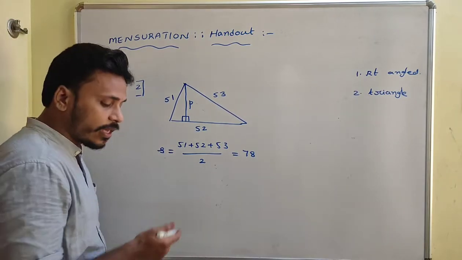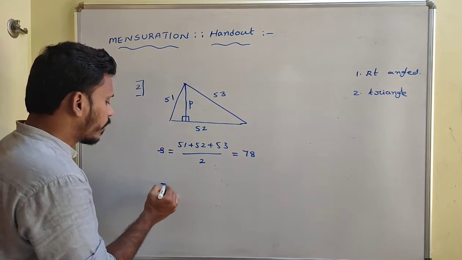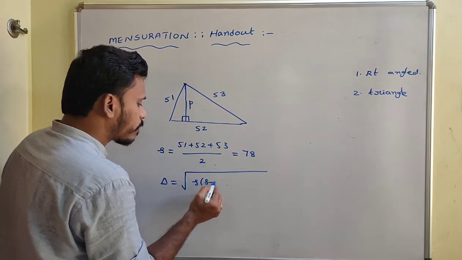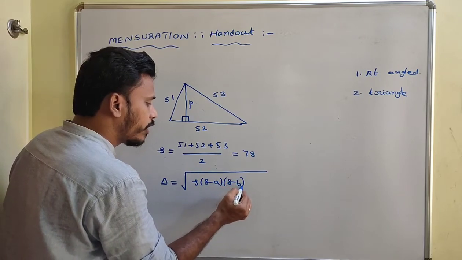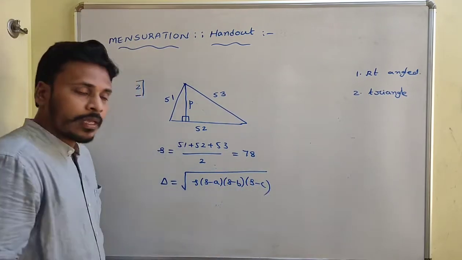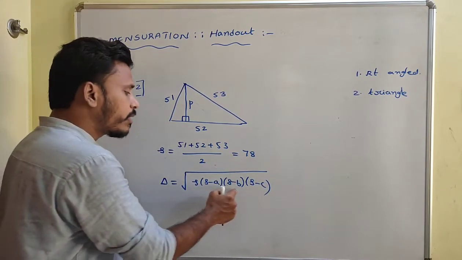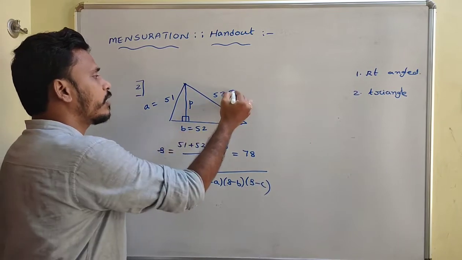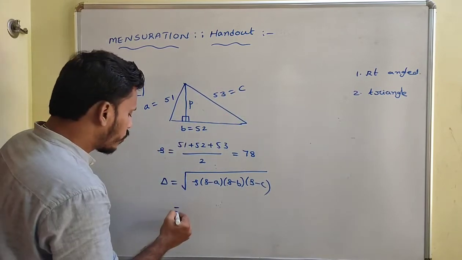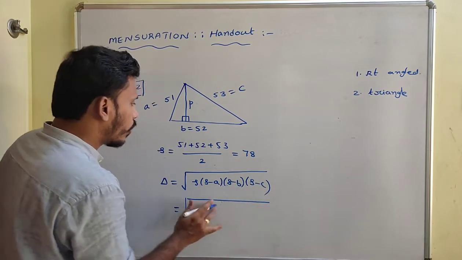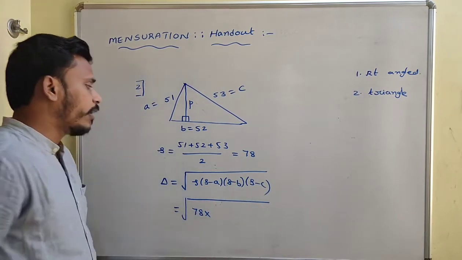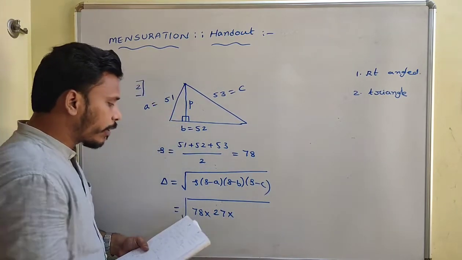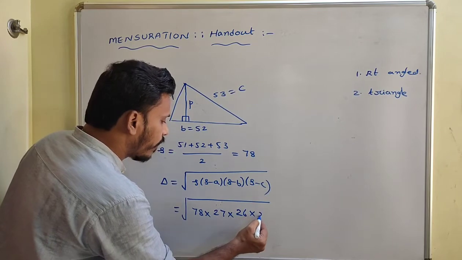Then to calculate the area, use Heron's formula. Delta is the square root of S into S minus A into S minus B into S minus C. Here S is 78, and A, B, C are the three sides: 51 as A, 52 as B, 53 as C. Square root of S, which is 78; S minus A, 78 minus 51, is 27; 78 minus 52 is 26; and then 25.